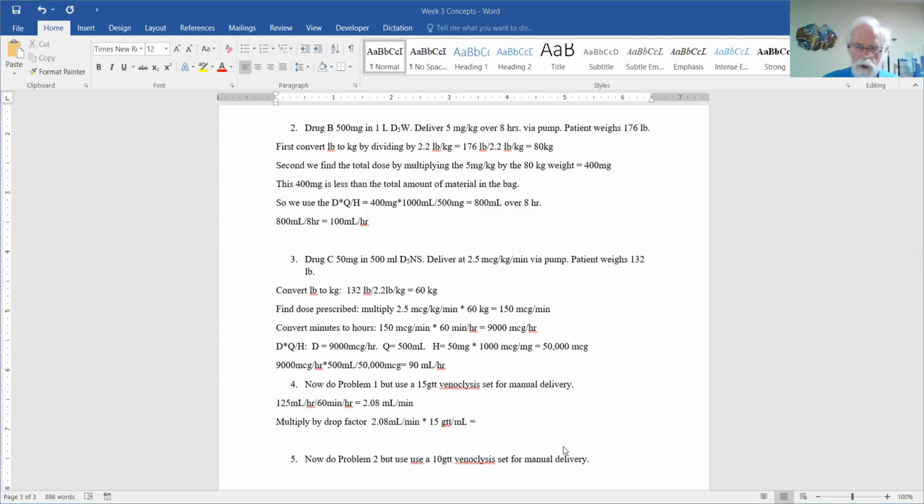Again, we haven't rounded anything off, so we're not going to do that until the end. So we multiply this times 15, and we get 31.25 drops per minute, which we round off to 31.